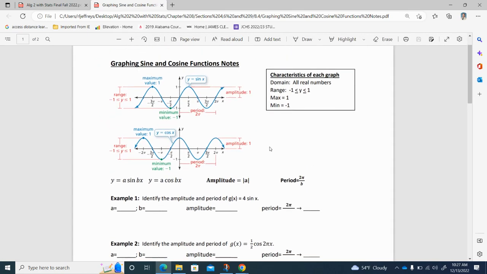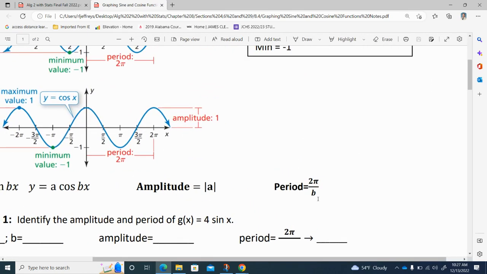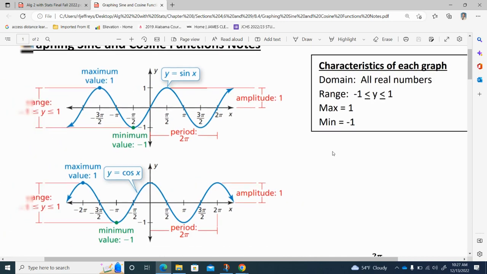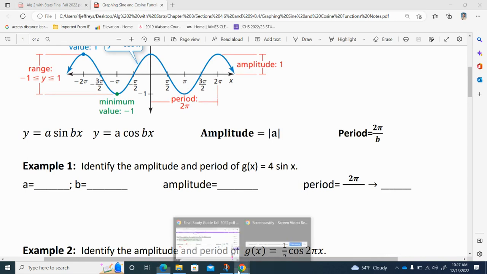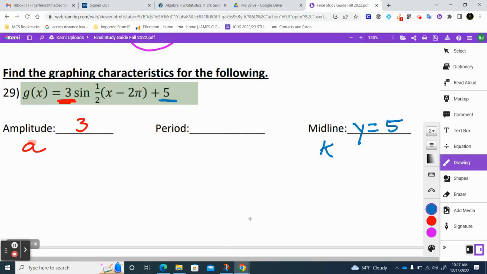Okay, to find the period, it's 2 pi divided by b, and b is what's in front of the x. So, what is in front of the x? This right here. So it's 2 pi divided by 1 over 2.